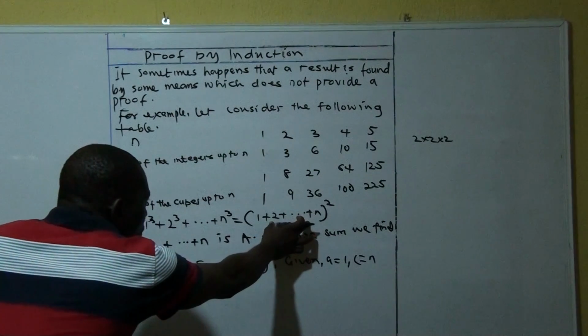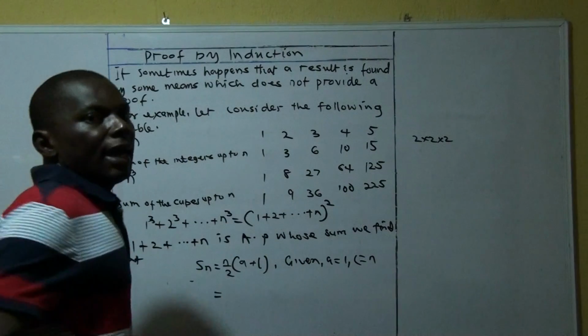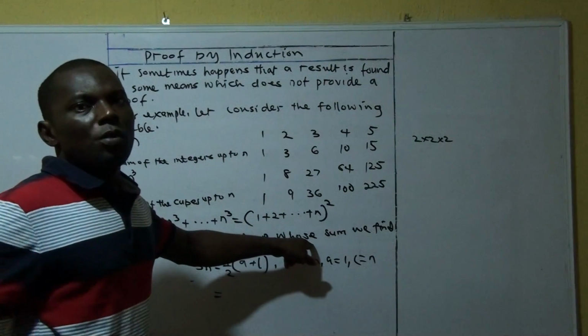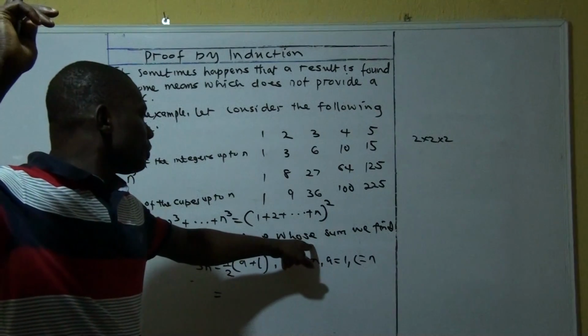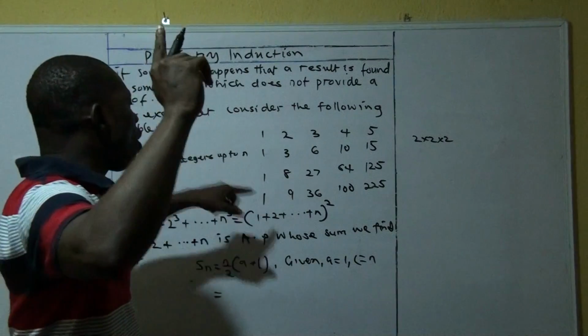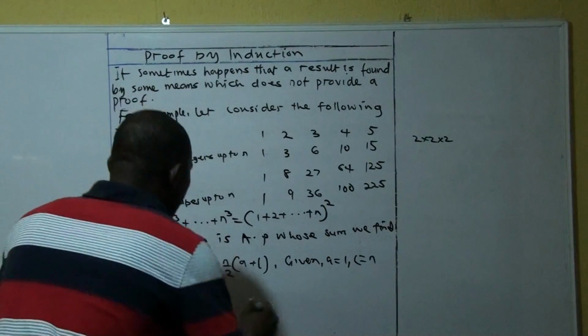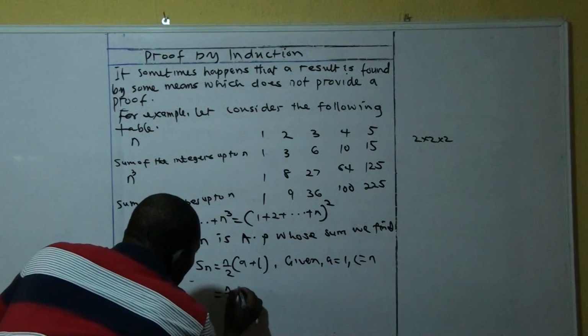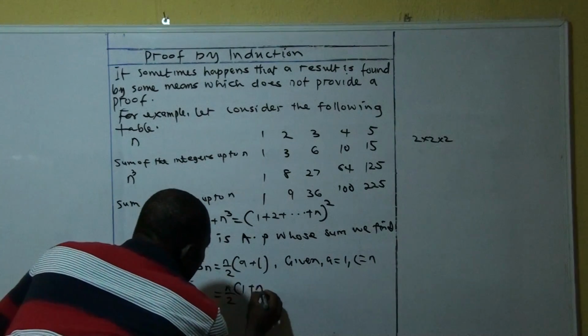So that the sum of these, because we are saying the sum of the integers up to n, squared. So here the sum of the AP will be n over 2, bracket 1 plus n.